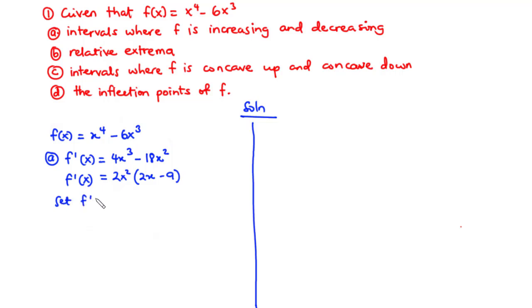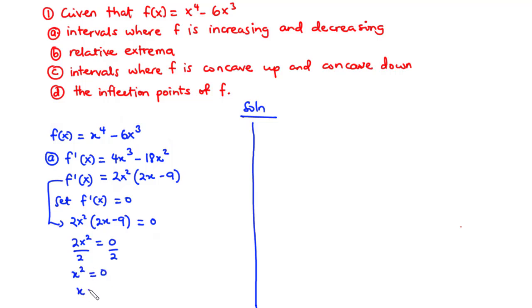We set f prime of x to 0 so that we have 2x squared times 2x minus 9 equals 0. So we have the factors: 2x squared equals 0, we divide through by 2, we have x squared equals 0, and for that matter x equals 0.